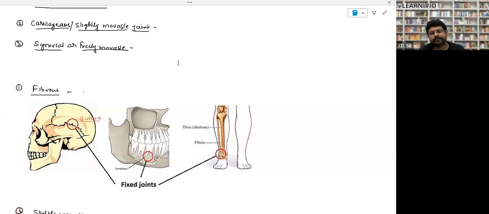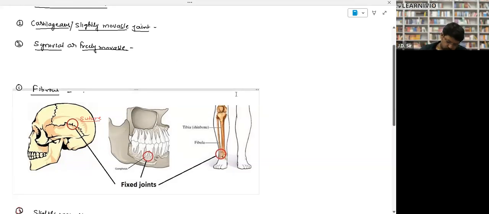Any doubt? Aisha and Rabia? No, sir. Okay, no question. Keep on solving the previous year question papers and new questions, right? And come with questions, right?